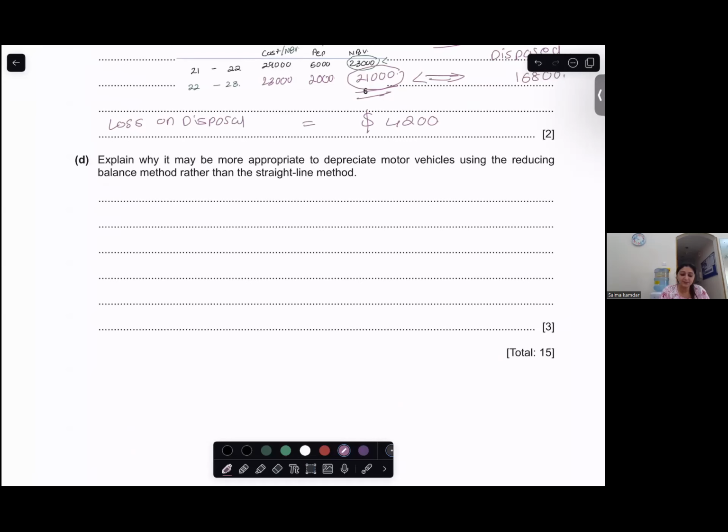Explain why it would be more appropriate to depreciate a motor vehicle using the reducing balance method rather than the straight line method. Come on, tell me. A motor vehicle is such a type of non-current asset that loses more value in initial years.